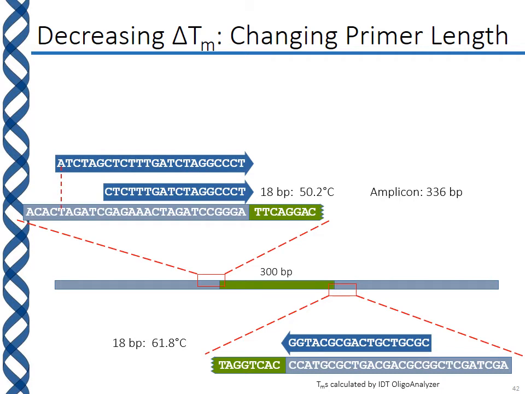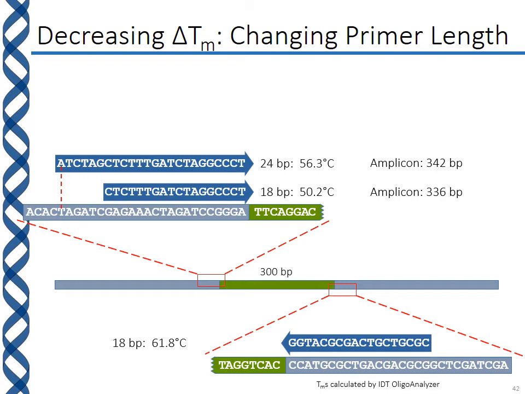So if we were to extend the length of the primer a little bit further back, you see this newest version of the primer sits in exactly the same 18 base pairs, but just extends back a little bit further. With those additional nucleotides, the length of the primer is now 24 base pairs, and because we have additional hydrogen bonds as a result of the increased length, now the TM of that is 56.3.